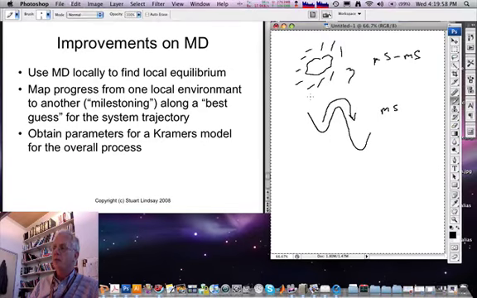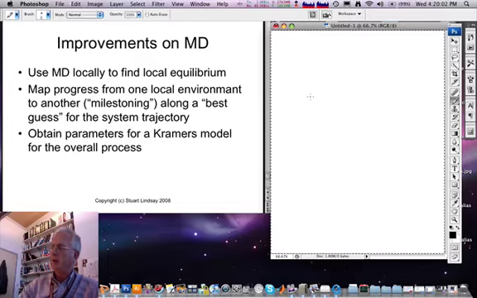So there are improvements to molecular dynamics, and they allow one to extend the effective time of the calculation out to very long times, so that a true thermodynamic sampling of the states of the system can be made, rather than just a sampling of the states at short times.